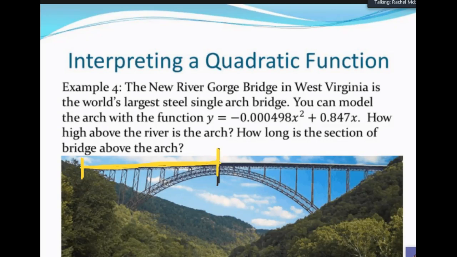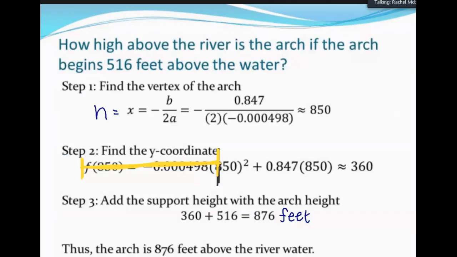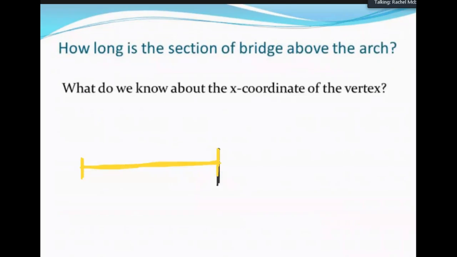So the entire length of the bridge would then be what? How do you find the entire length of the bridge? Yeah, so to find the entire length of the bridge, you would have to take that 850 and essentially double it to say that the entire length of the bridge is 1,700 feet.